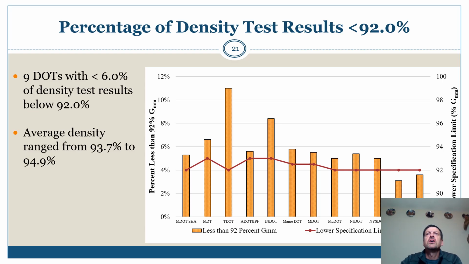And what's interesting here is that 9 of the states were able to have less than 6% of the density test results below 92% density. That's very good, right? So this is the number that were less than 92%, and there's the 6% mark, and 9 of the states were able to achieve that. The average densities ranged from 93.7 to 94.9.